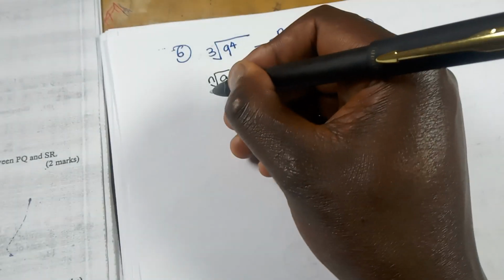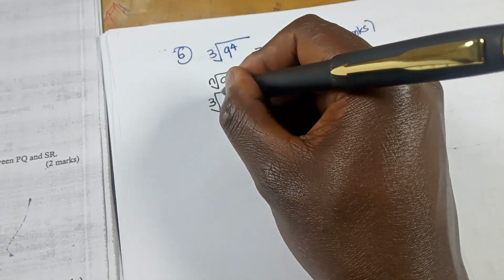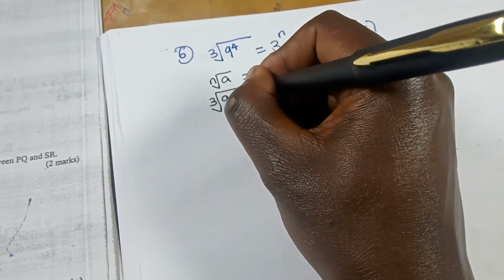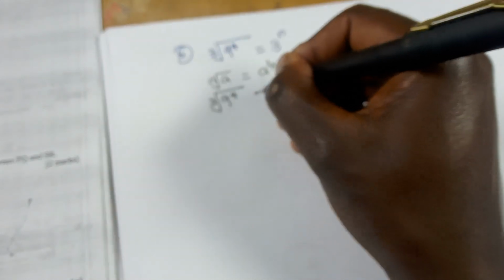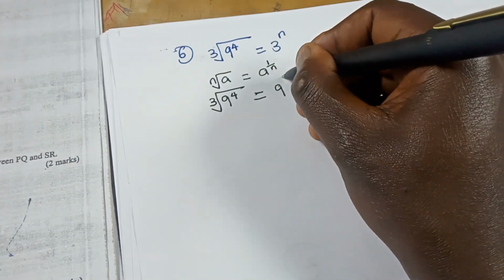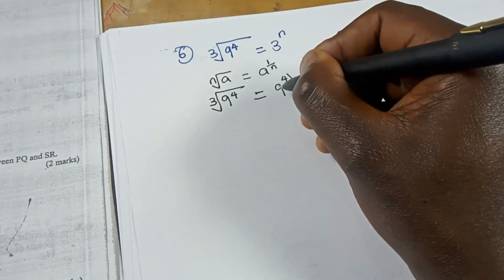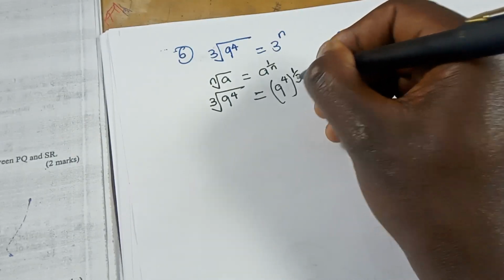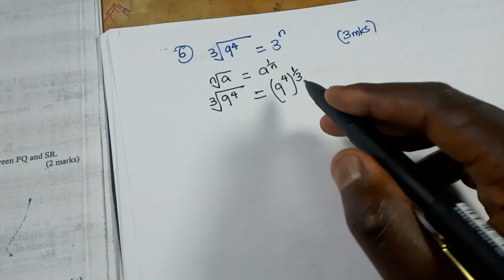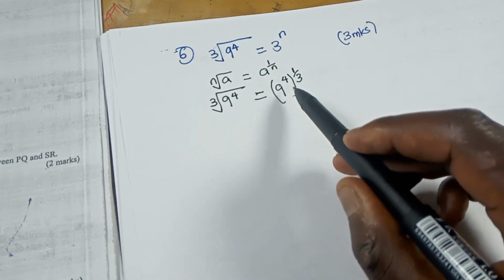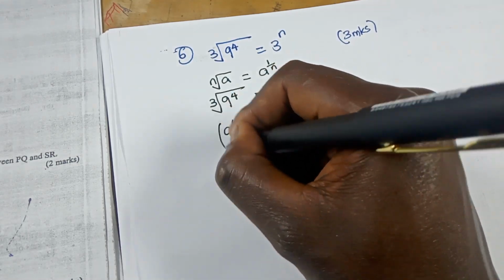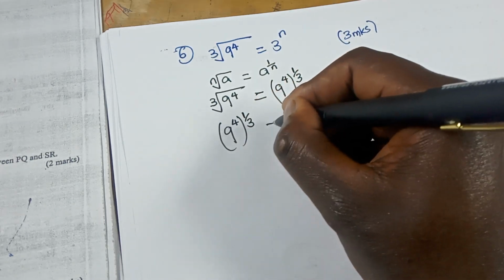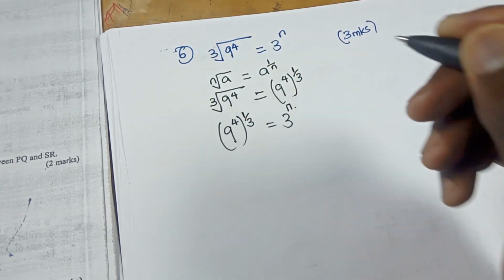Therefore, cube root of 9 to power 4 is the same as saying 9 to power 4 raised to power a third. It is the same as saying that. So we can write this one in the form of 9 to power 4 raised to power a third is equal to 3 to power n.